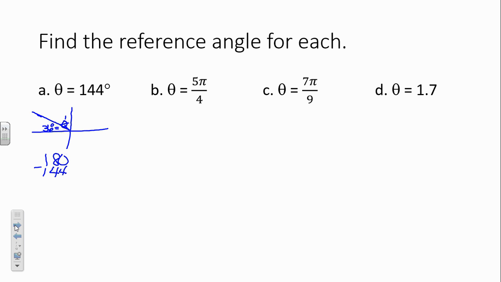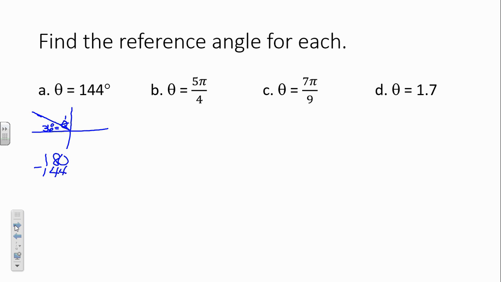Okay. Next one. It's in radians. We're going to keep it in radians. The minute you see a 4 in the denominator of radians, it's always going to be a 45. Yep, that's a 45 degree angle.